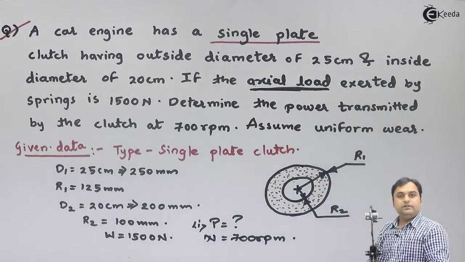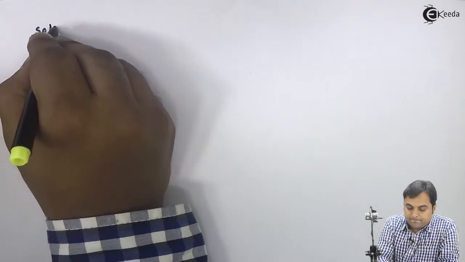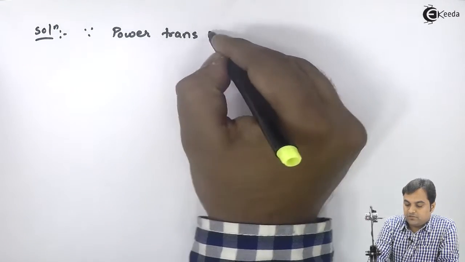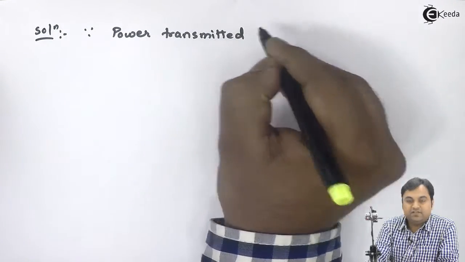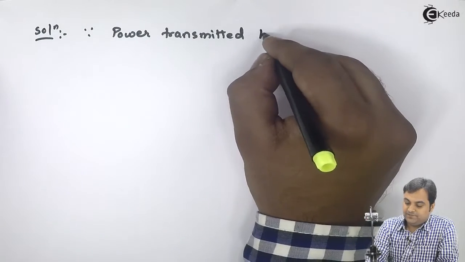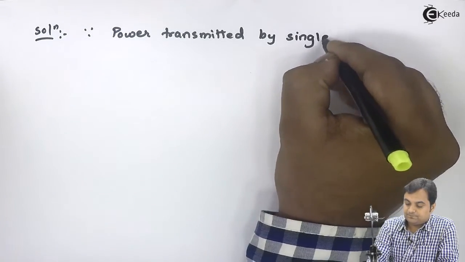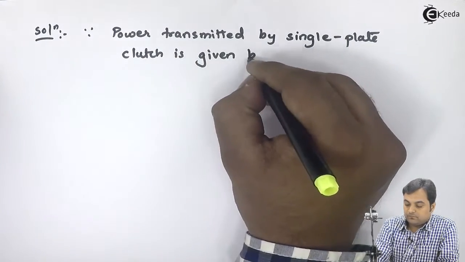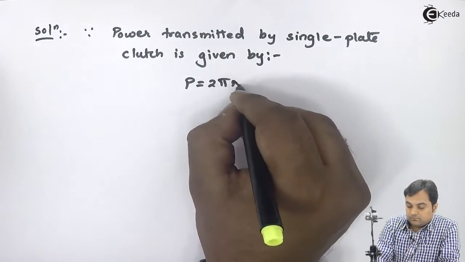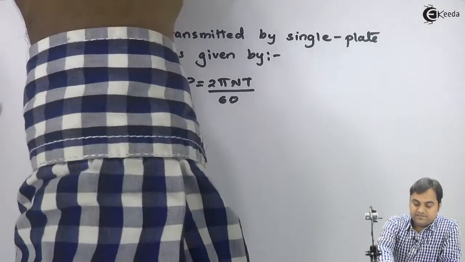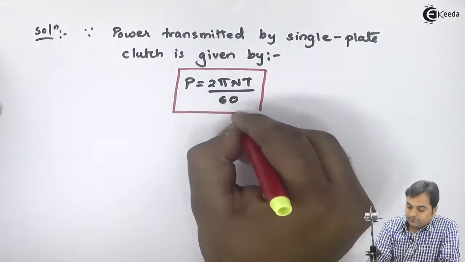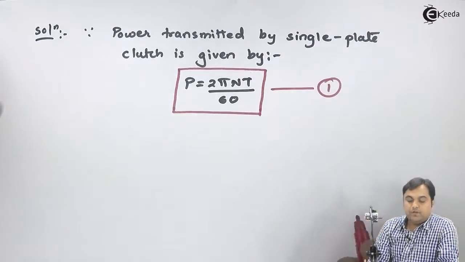Now to calculate power, let us start with this question. Since power transmitted by the clutch plate, shaft is the engine shaft. Since power transmitted by single plate clutch is given by P is equal to 2 pi NT by 60. I'll give this as equation number 1.